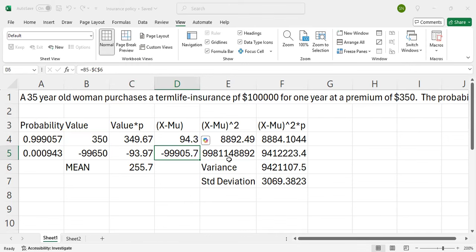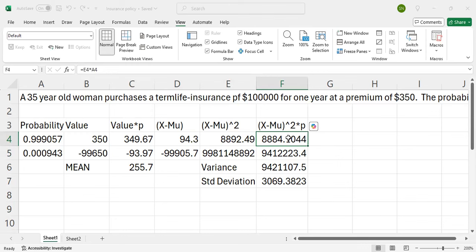Then I'm going to square this in this column. Square means multiplying by itself one more time, exponent 2, and this is the symbol for the exponent, which I did over here. Same over here. Okay. Then I'm going to multiply this (x minus mu) squared by the corresponding probability. Remember, the probability is in the first column. This is very important.